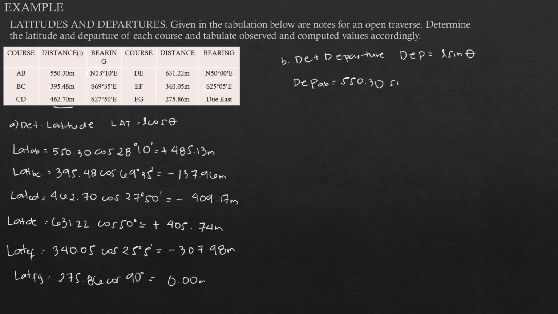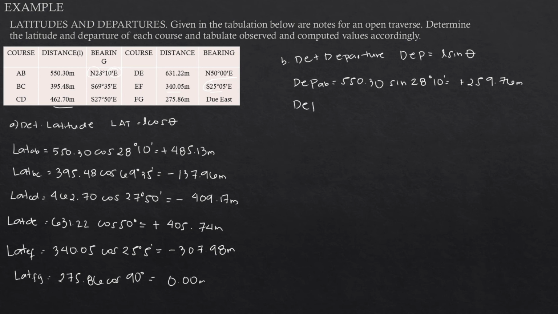550.30 sine 28 degrees 10 minutes. Nasa east, so ibig sabihin, yung departure natin dito is positive. So, meron tayong positive 259.76 meters.